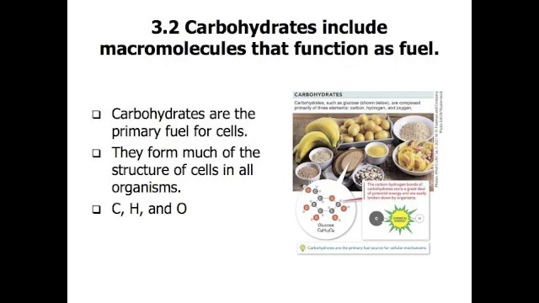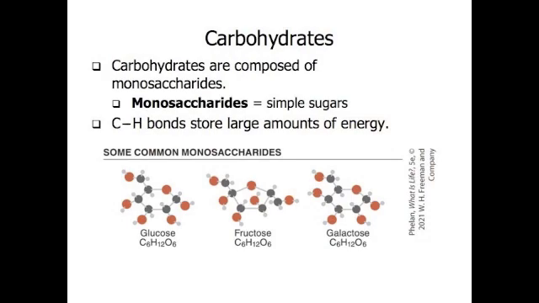Carbohydrates are classified into several categories based on their size and their composition. The simplest carbohydrates are monosaccharides or simple sugars, which contain anywhere from 3 to 6 carbon atoms. When they are broken down, they produce molecules that usually are not carbohydrates.